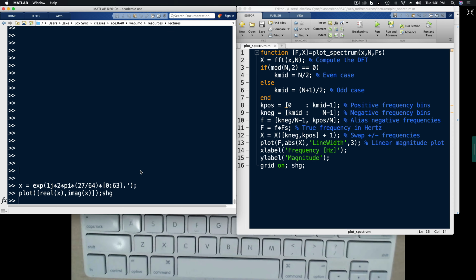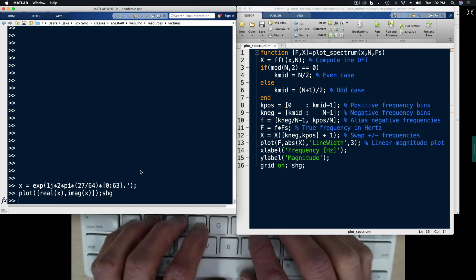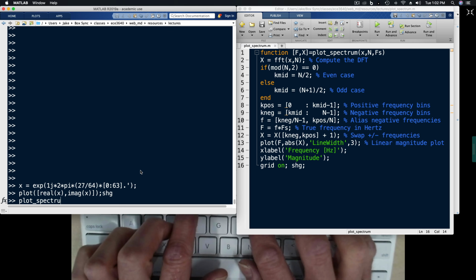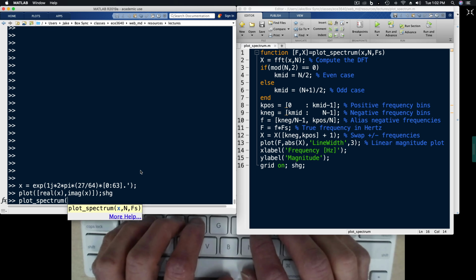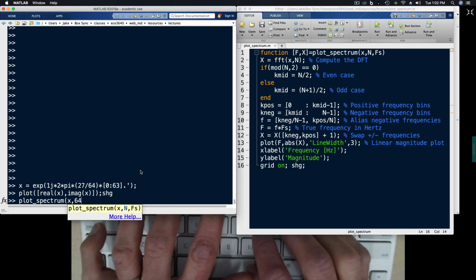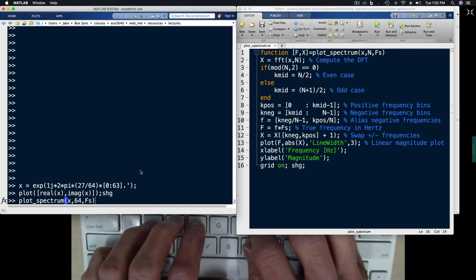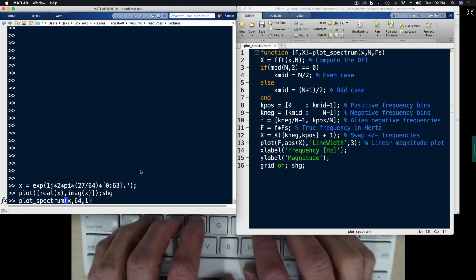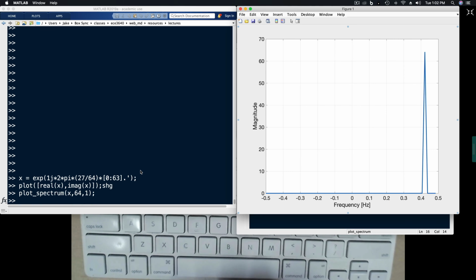So let's take a look and see what that would look like if we make this plot. So I'll call my function plot spectrum x. I'll say 64 and fs. Well, I don't have an fs. I'll just say it's frequency of 1.